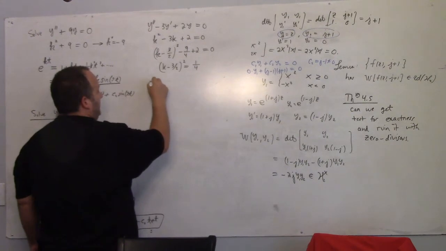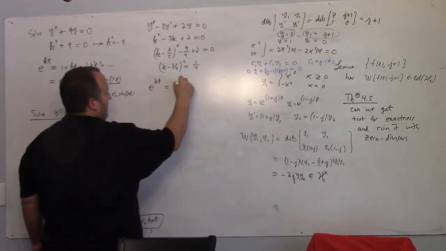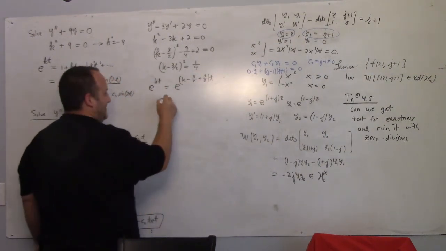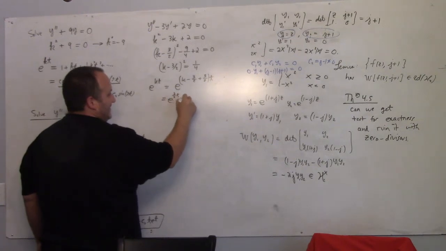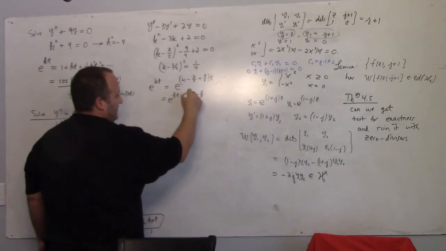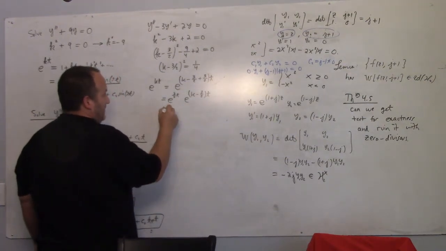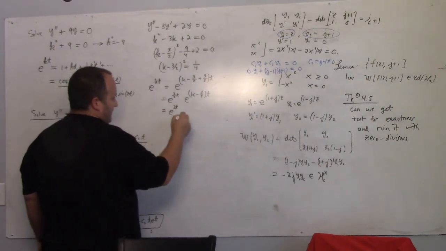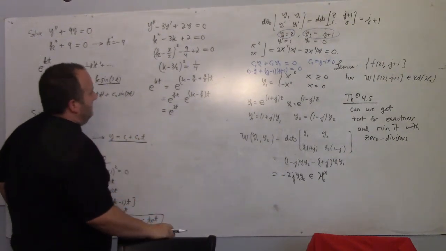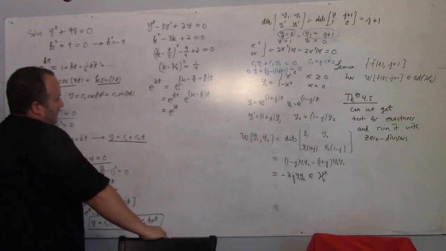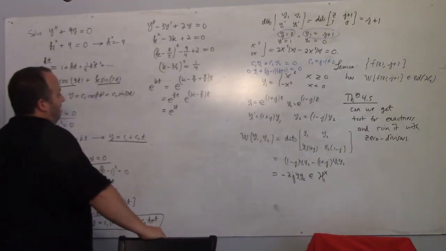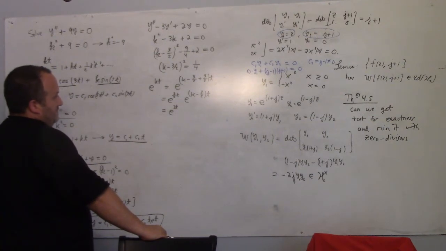Okay, so e to the kt is e to the (k minus 3/2 plus 3/2)t, which is e to the 3/2 t times e to the (k minus 3/2)t.